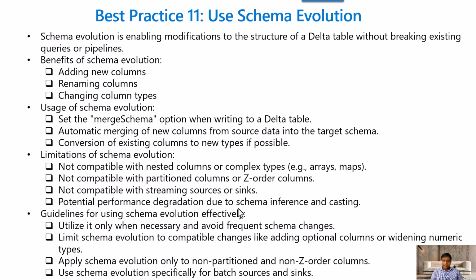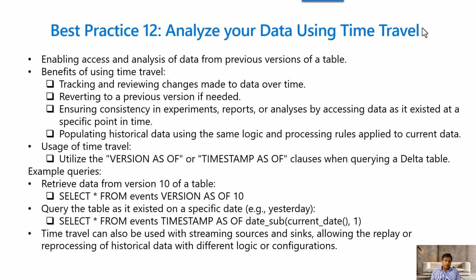There it is going to be okay. Always apply schema evolution only to non-partitioned or non-Z order columns. If you try to add it on a Z order column, it is not going to work. Use schema evolution always for batch sources and sinks. Streaming, you cannot definitely use it. So these are the best practices for schema evolution.